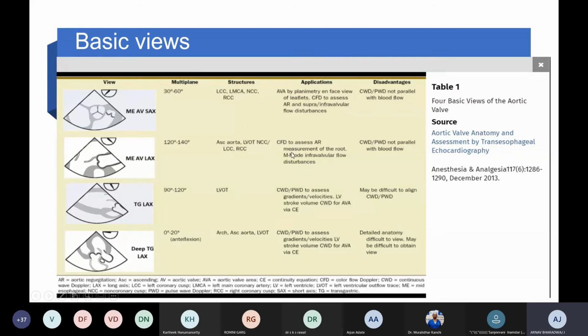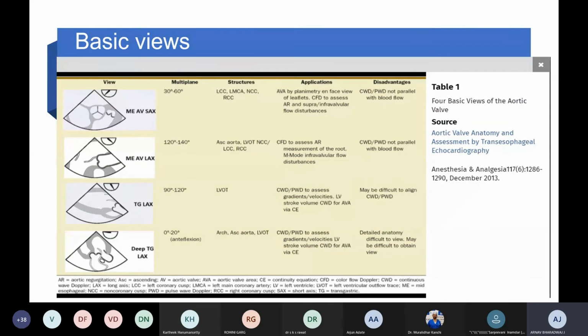Here we can assess AR by using color flow Doppler, and we can utilize M-mode for the measurements. The limitation of this view is we cannot use the continuous wave Doppler as well as pulse wave Doppler.